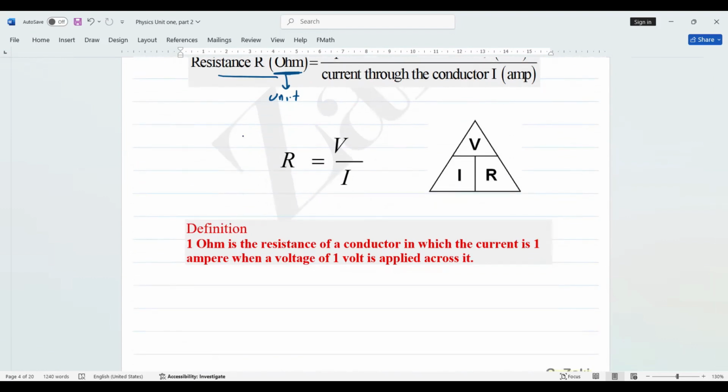The unit of resistance is 1 ohm. 1 ohm is the resistance of a conductor in which the current is 1 ampere when the voltage is 1 volt. So 1 ohm equals 1 volt per ampere. This is the definition of ohm.